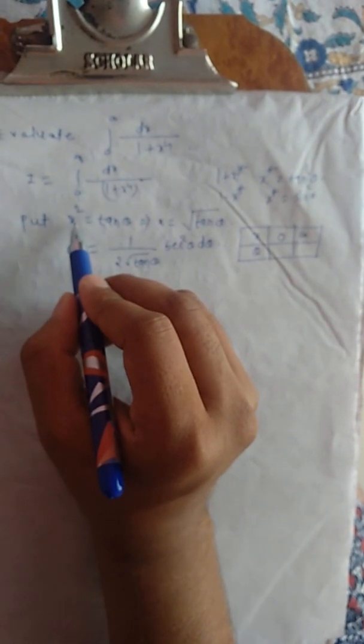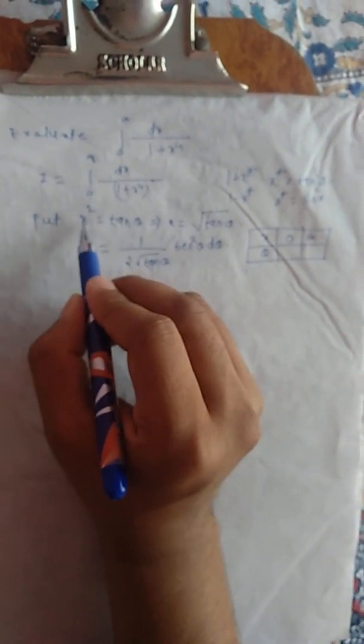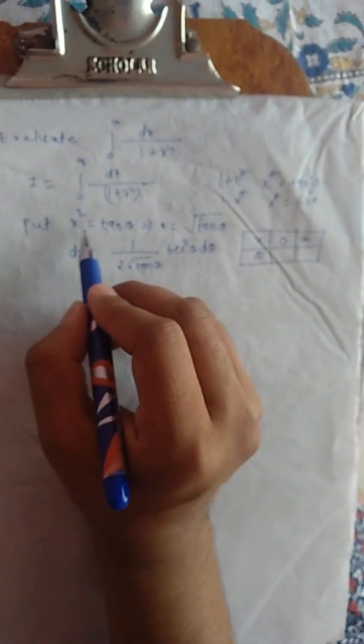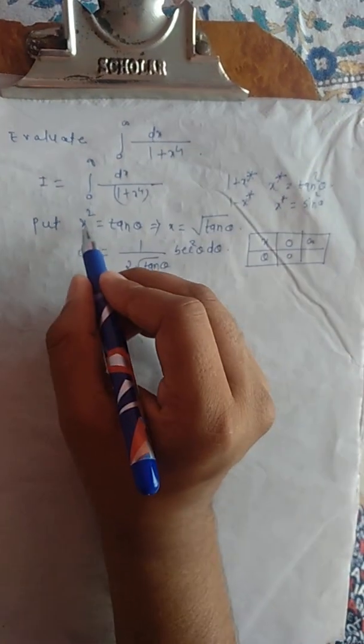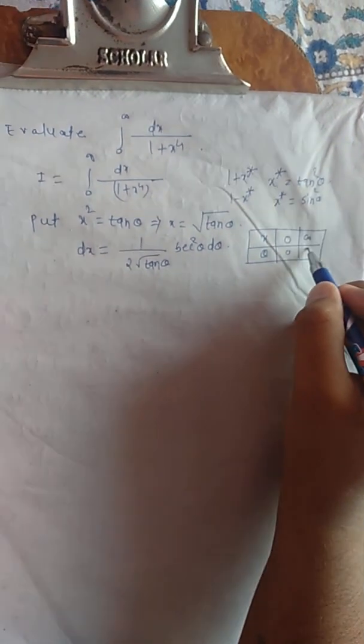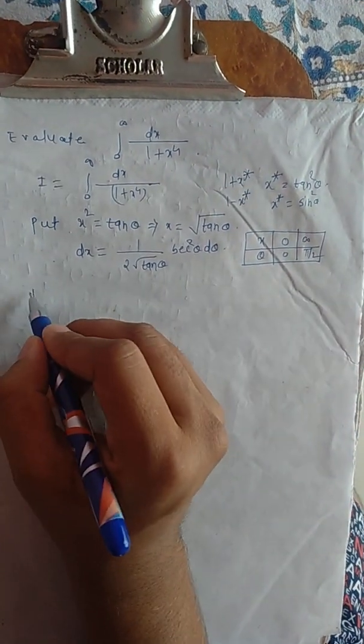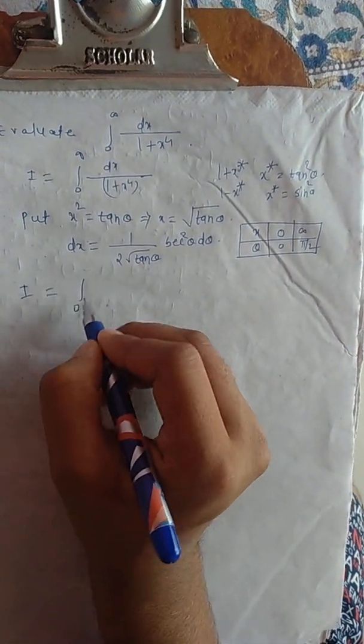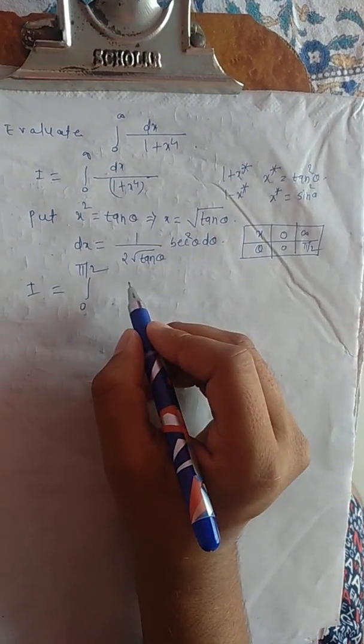If I put x is equal to 0, tan theta is equal to 0, so tan inverse 0 is 0. If I put infinity, tan inverse infinity is pi by 2. So the integral I is equal to integration from 0 to pi by 2.